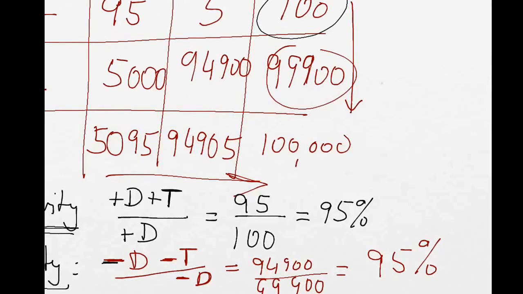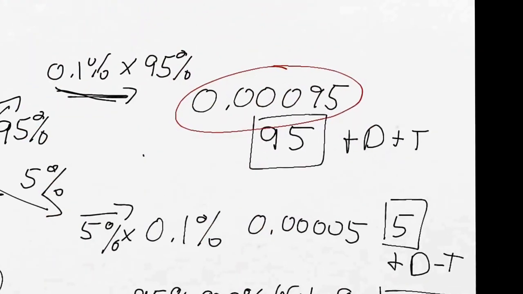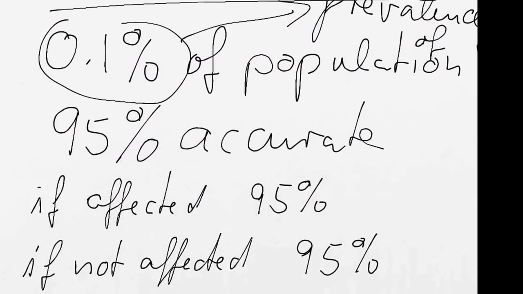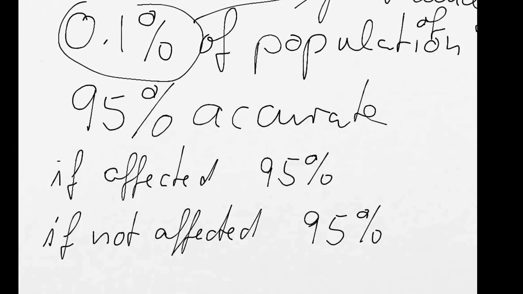Now, a slight word of warning. The sensitivity does not have to be the same as the specificity. If I go back here, for example, I could say my test detects with a 95% accuracy that you are positive, but it might tell you with, say, 99% accuracy if you are not affected.